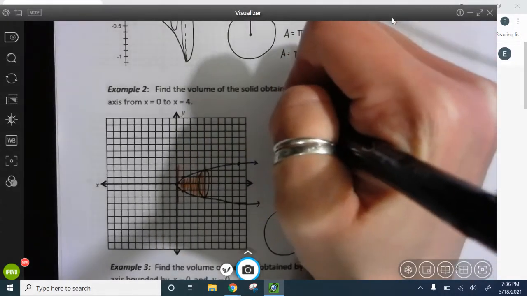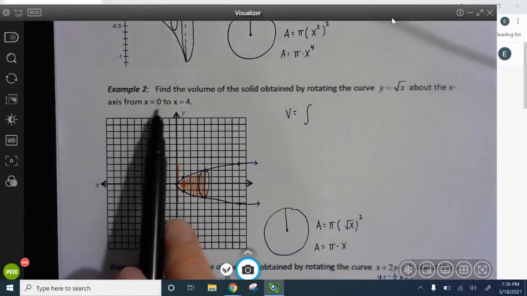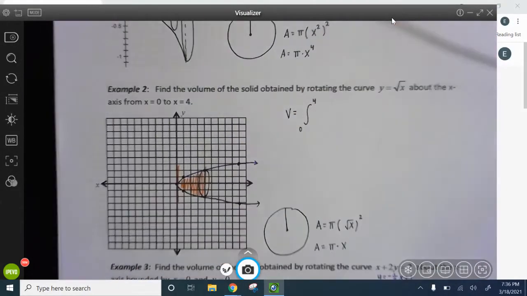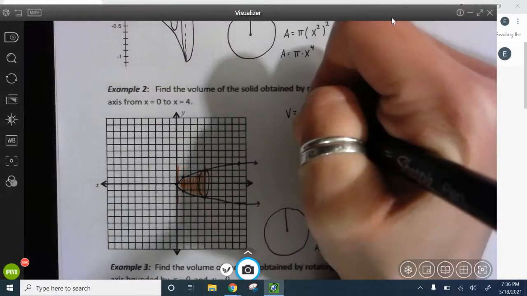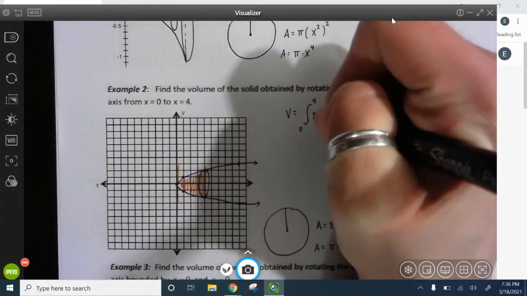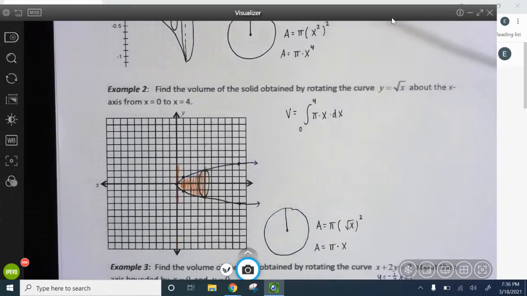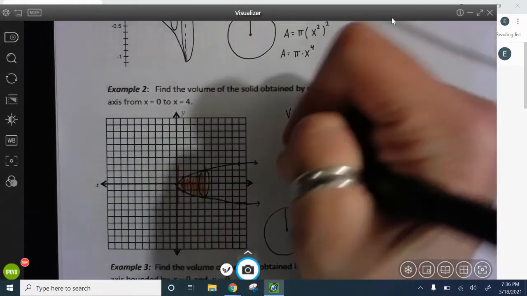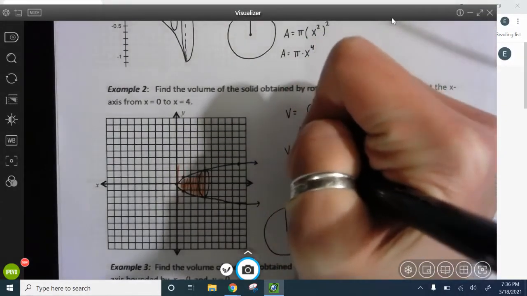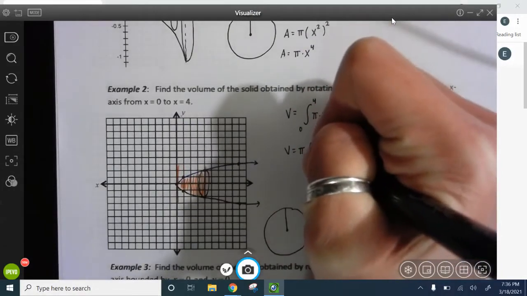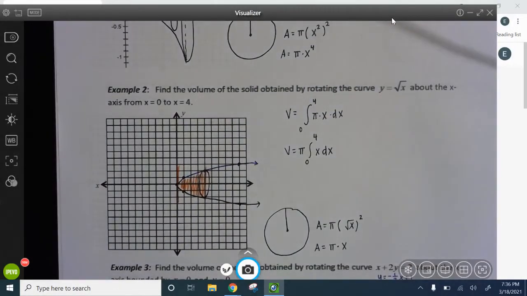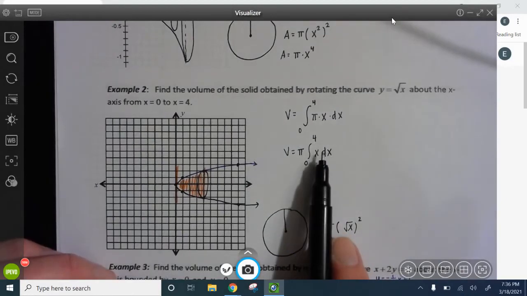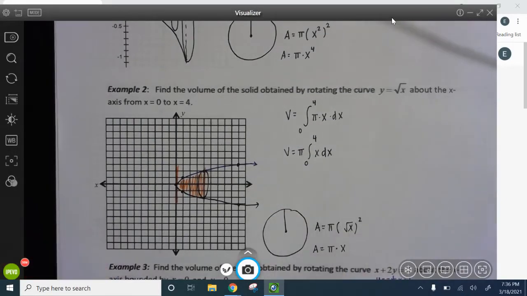So if I want to calculate what the volume is, well, I know what my x values are because I'm going from 0 to 4. My area is pi times x dx. Again, the pi is just going to get taken out as a constant. So I'm really just left calculating the integral from 0 to 4 of x dx.